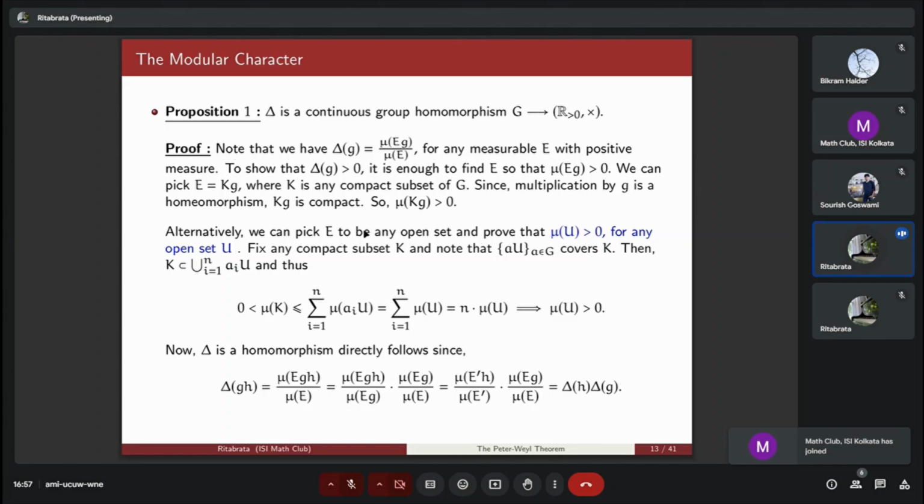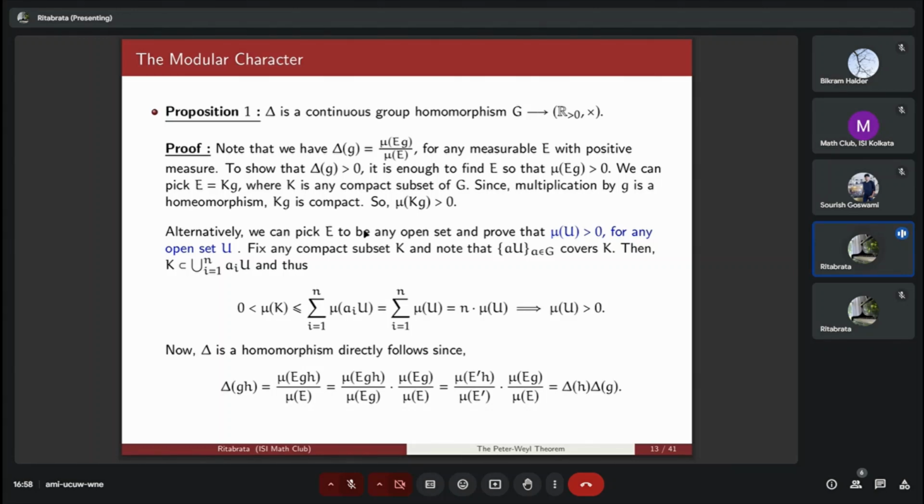Pick any compact subset, and we want to show that mu of U is greater than 0 for a fixed open set U. Given any compact subset, we can cover it by all translates of that open set, basically all AU where A varies over G. Then by compactness, we can enclose it inside a finite union of these open sets, the union of A_i U for some finite number of A_i.